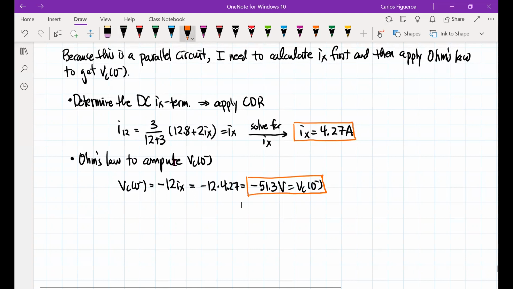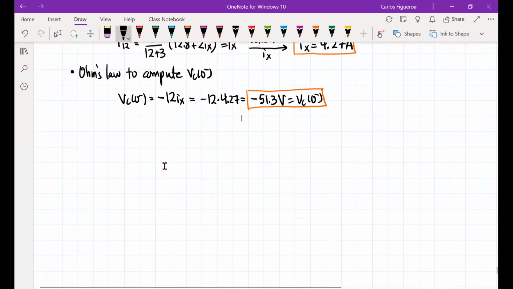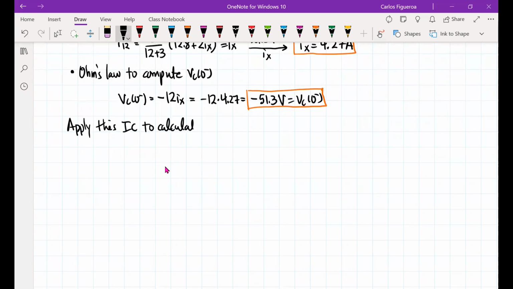Okay. Now that I have that, the next thing I need to do is apply this initial condition to calculate the natural response constant A. So VC of 0 plus must equal minus 51.3.